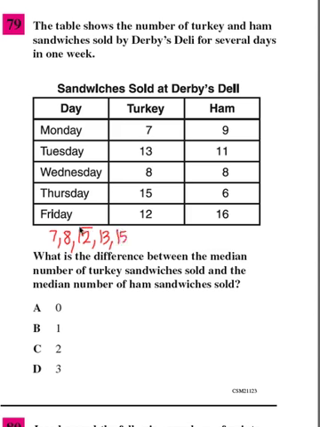The median is 12. And for ham we have 6, 8, 9, 11, 16. The median is 9. The difference between the turkey and ham medians is 3. The answer is D.